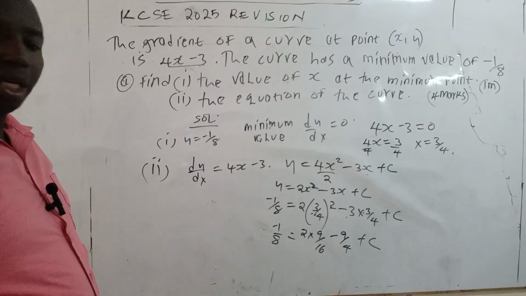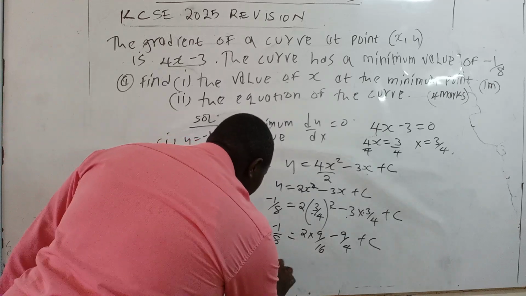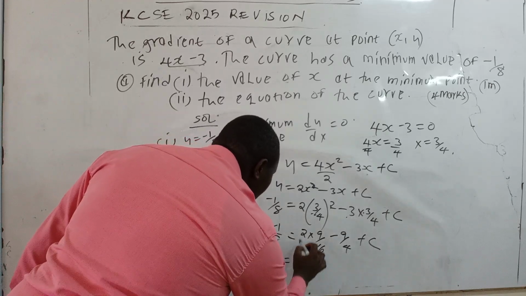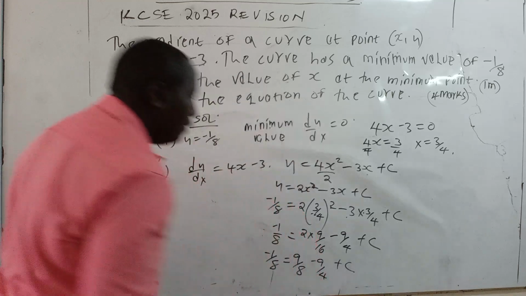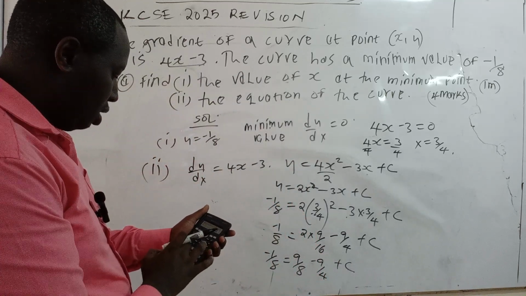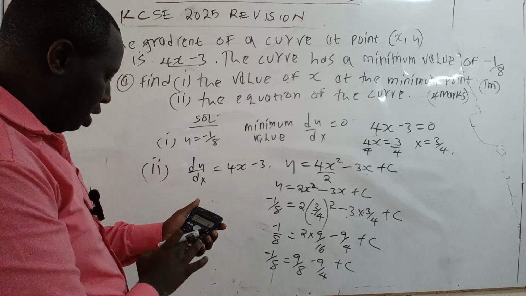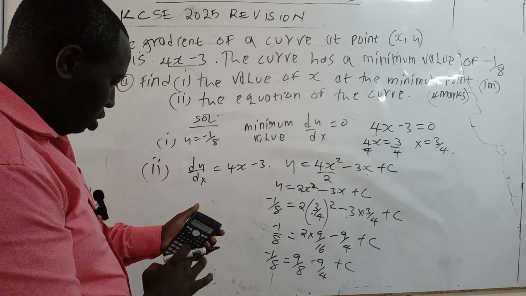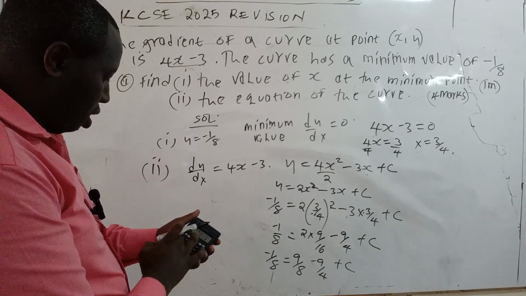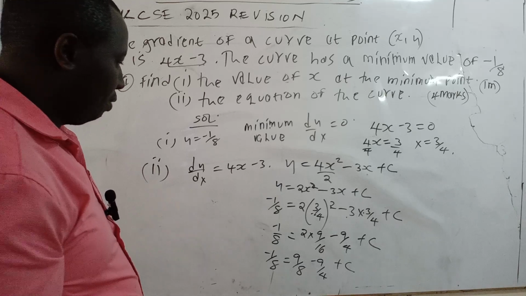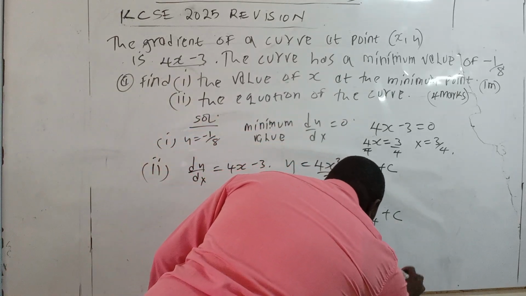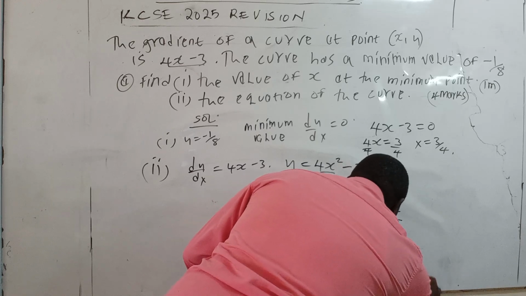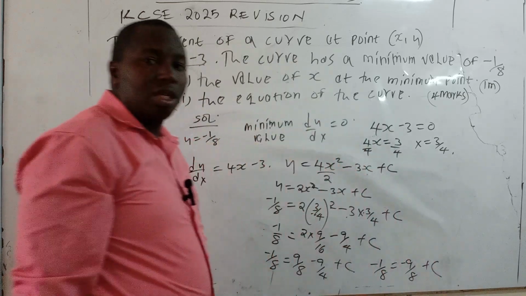So minus 1 over 8 is equal to 9 over 8 minus 9 over 4 plus c. 9 over 8 minus 9 over 4 gives minus 9 over 8. So minus 1 over 8 is equal to minus 9 over 8 plus c. So find c.